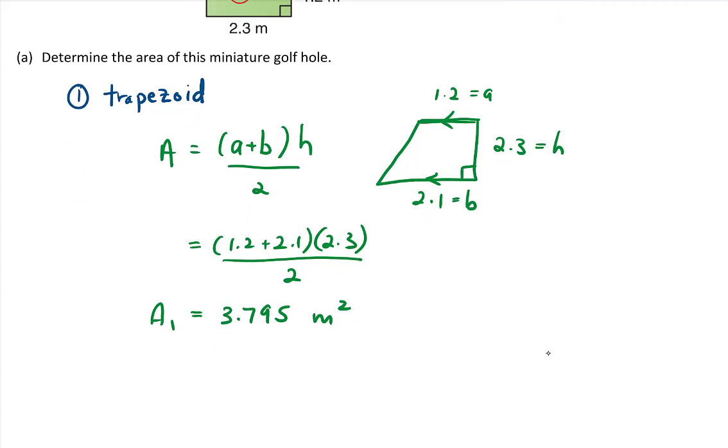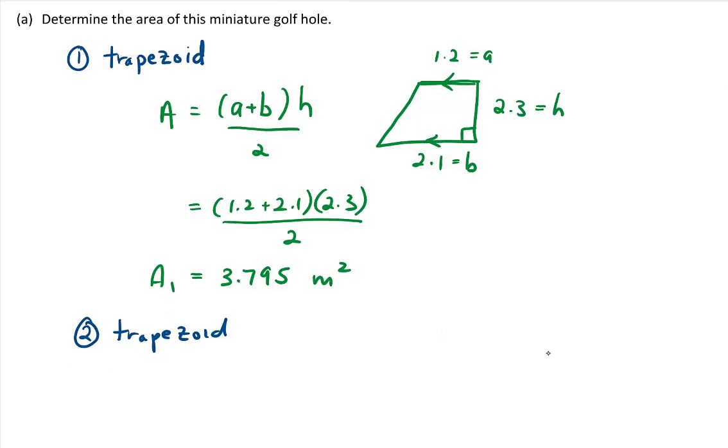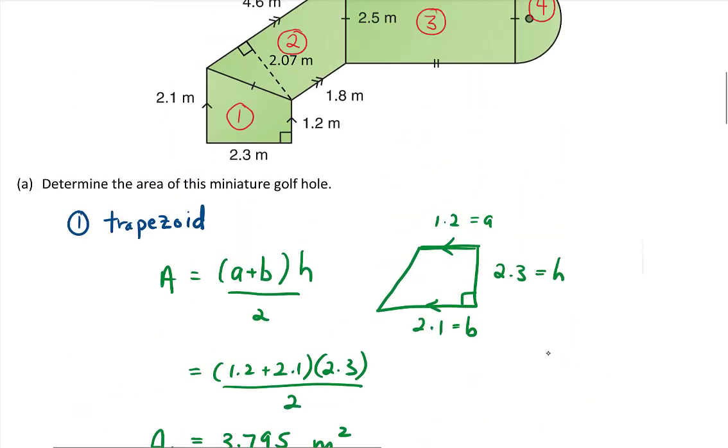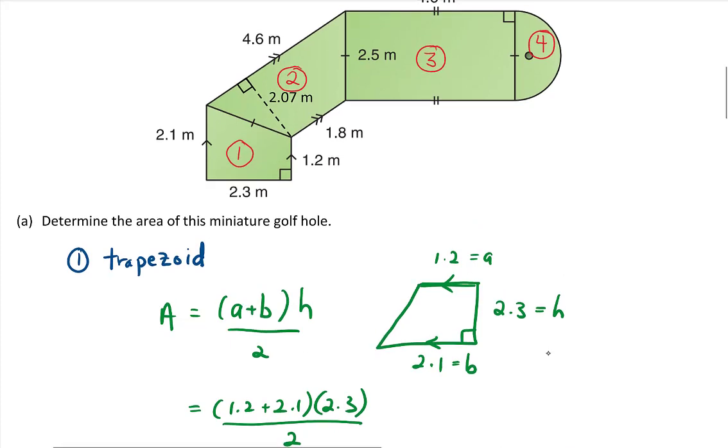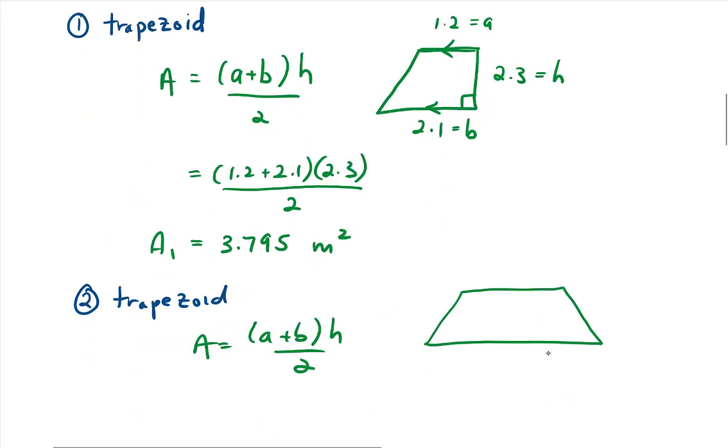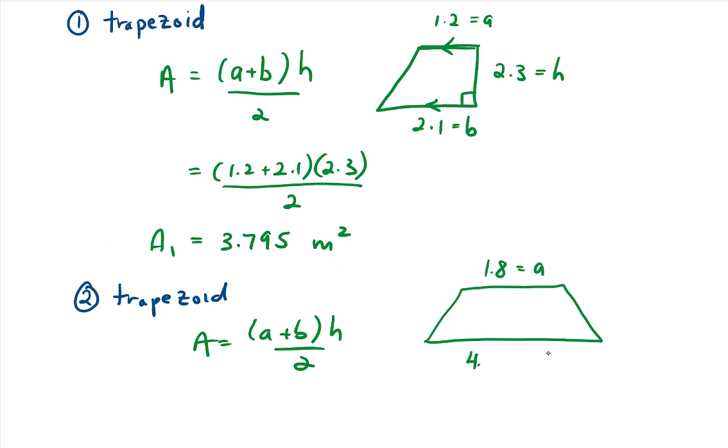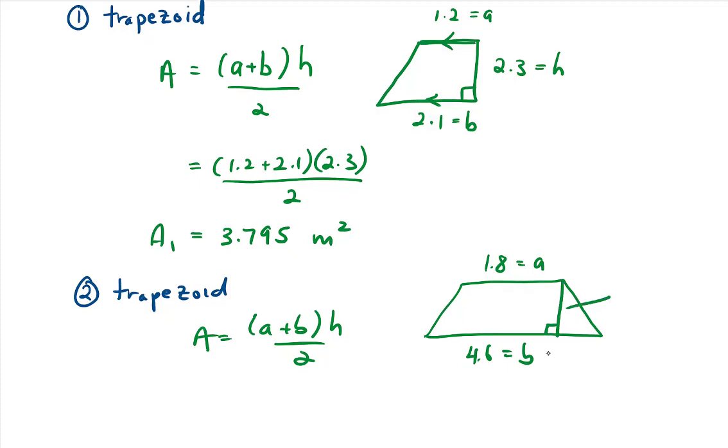Let's now find the area of trapezoid 2. So using the same area formula, area equals a plus b times h divided by 2. And this time our trapezoid looks more like this. Let's go back to the top. The top part is 1.8, the bottom is 4.6. So this time 1.8 equals our a value, 4.6 equals our b value, and in the diagram above, the height is 2.07.